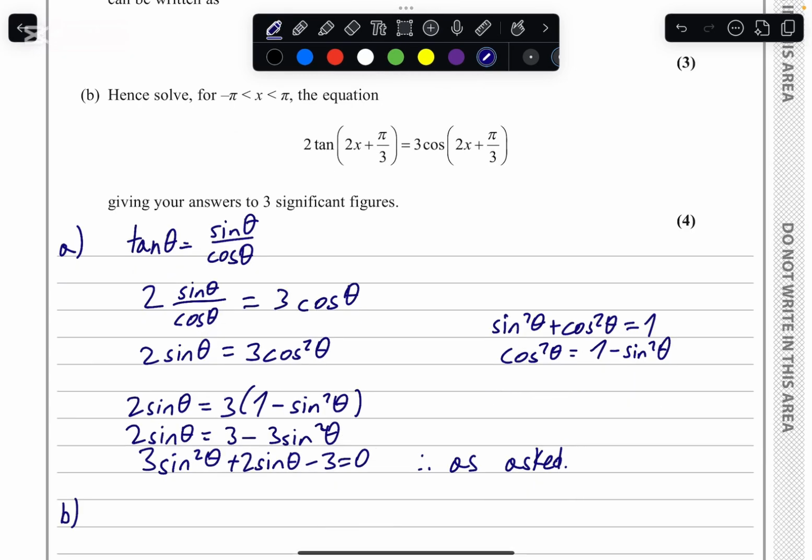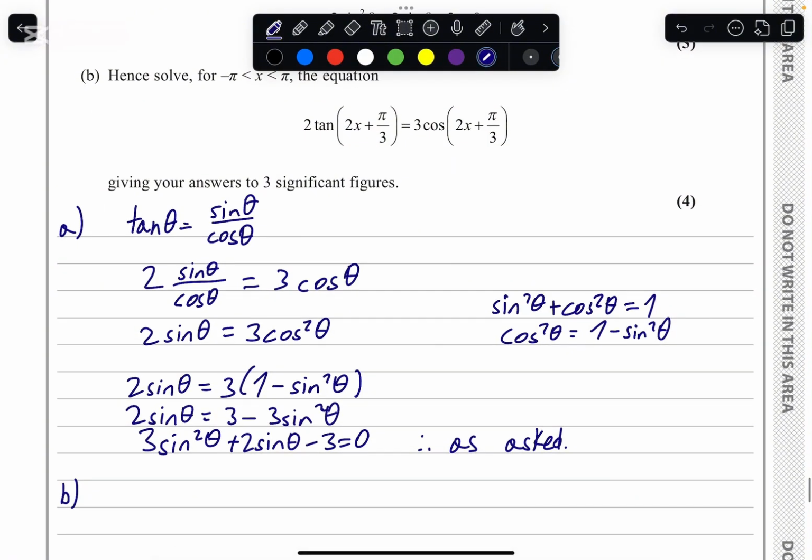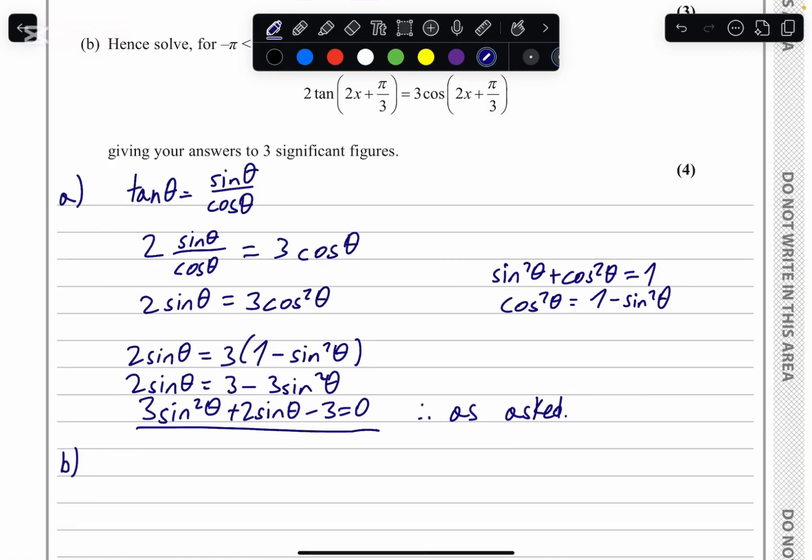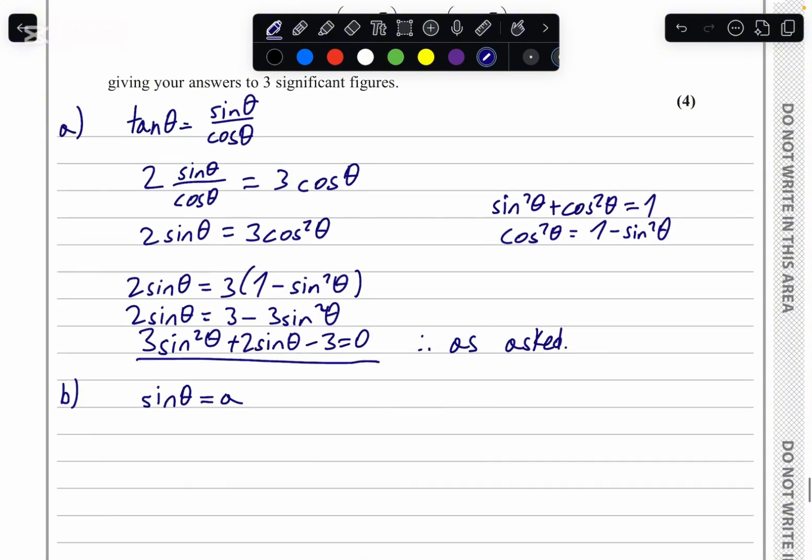In part B, it says, hence solve for minus pi smaller than x smaller than pi, the equation 2 tan of 2x plus pi over 3 equals to 3 cos of 2x plus pi over 3, giving your answers to 3 significant figures. We can use the answer that we found before, and this is a hidden quadratic equation, so we can say that sine theta is equal to a.